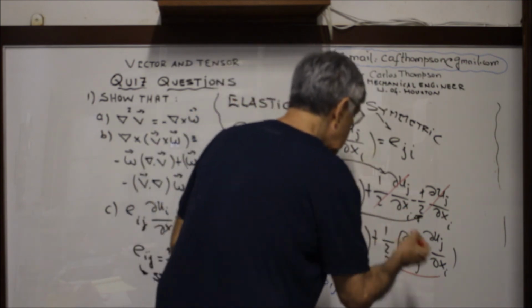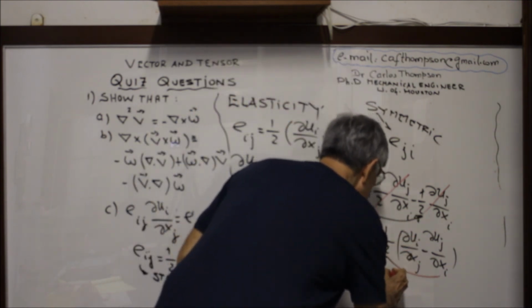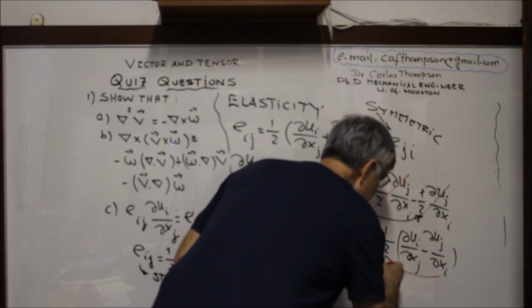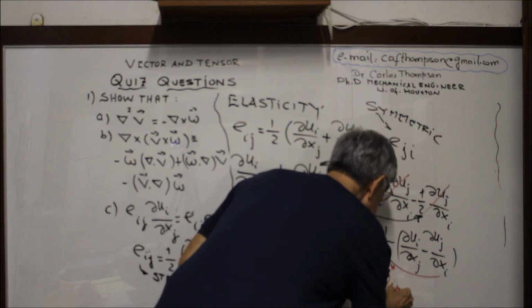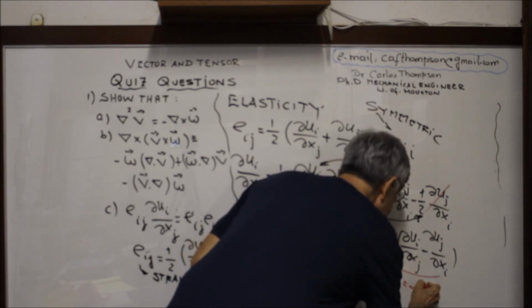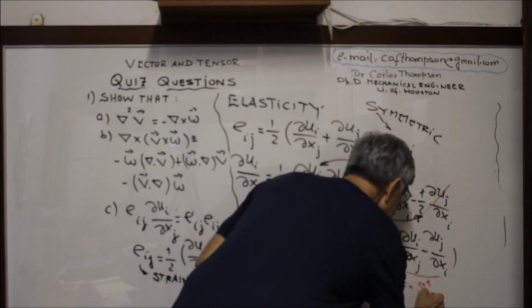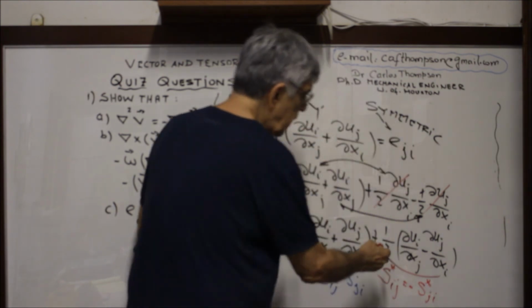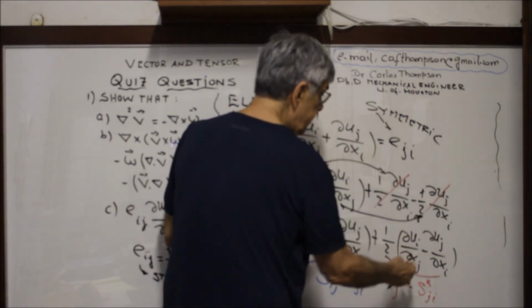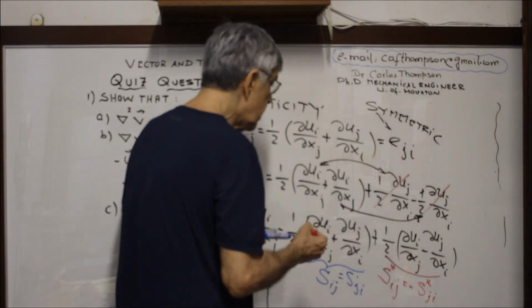Let's call it S star. S star ij is equal to minus S star ji. You see, if I exchange j and i, this will be minus there.